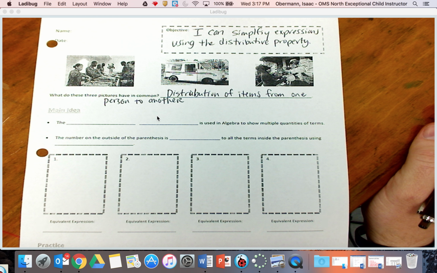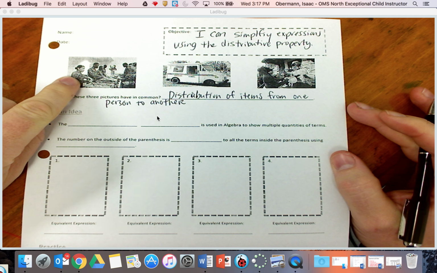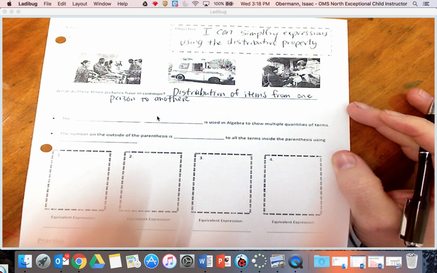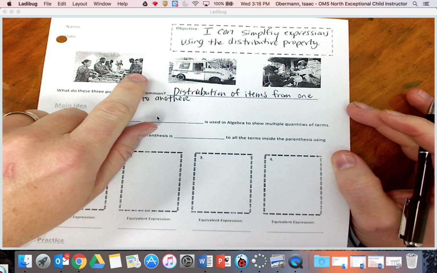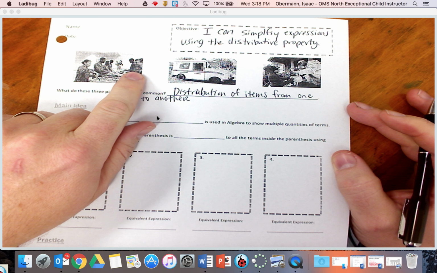And so that's the main idea we want you to see. You're going to take numbers that are outside of the parentheses, like this cook or the mailman or the person handing out the trick or treats. And the people receiving it are going to be the numbers inside the parentheses.